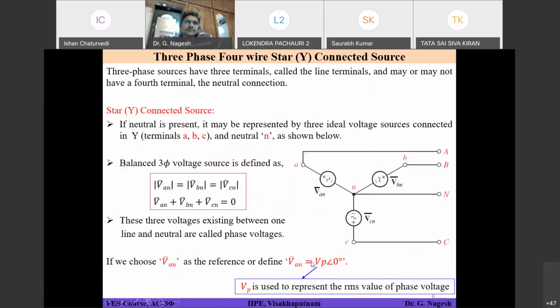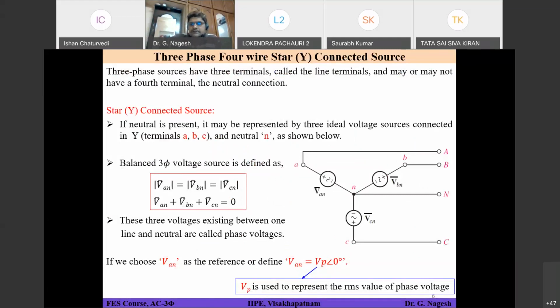So if I represent VAN as my reference phasor, VAN is equal to VP at an angle of 0 degrees. Then VP is the RMS value of the phase voltage. If you remember, phasors can have two types of representation: one, RMS value with some phase angle, or two, maximum value with some phase angle.